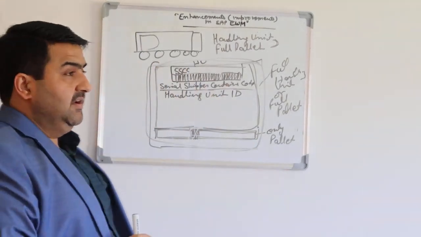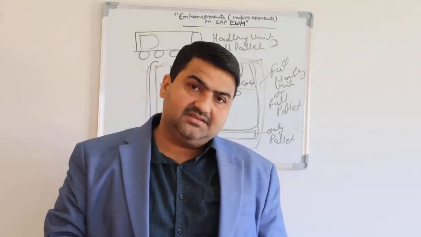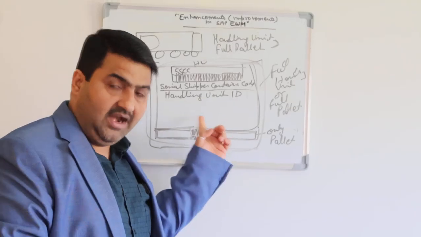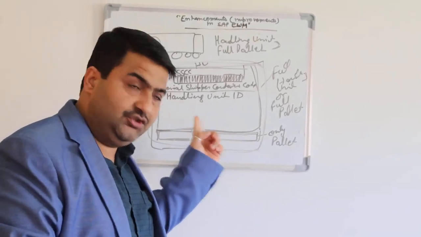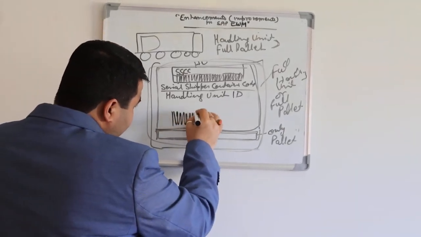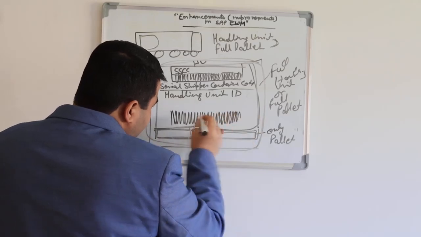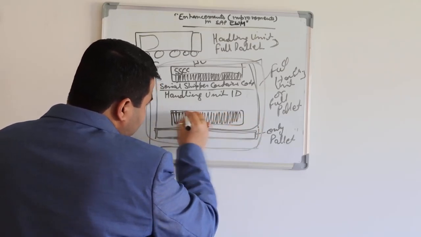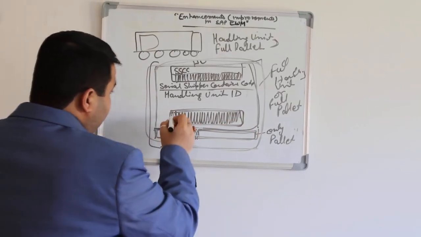But from last week the vendor started sending us the handling unit, which is nothing but a container, full pallet, full HU, along with an additional barcode. One more barcode the vendor has started sending us.